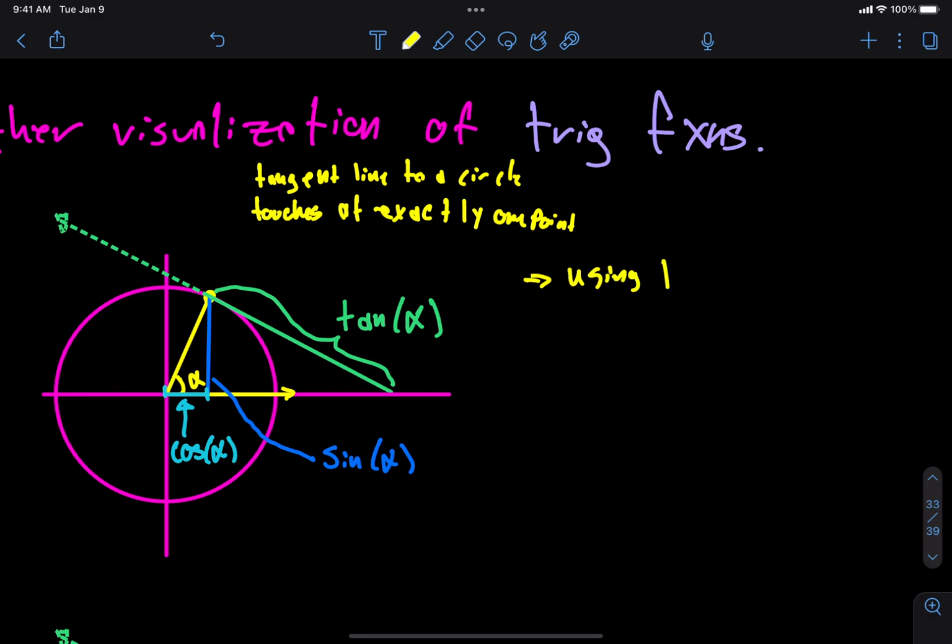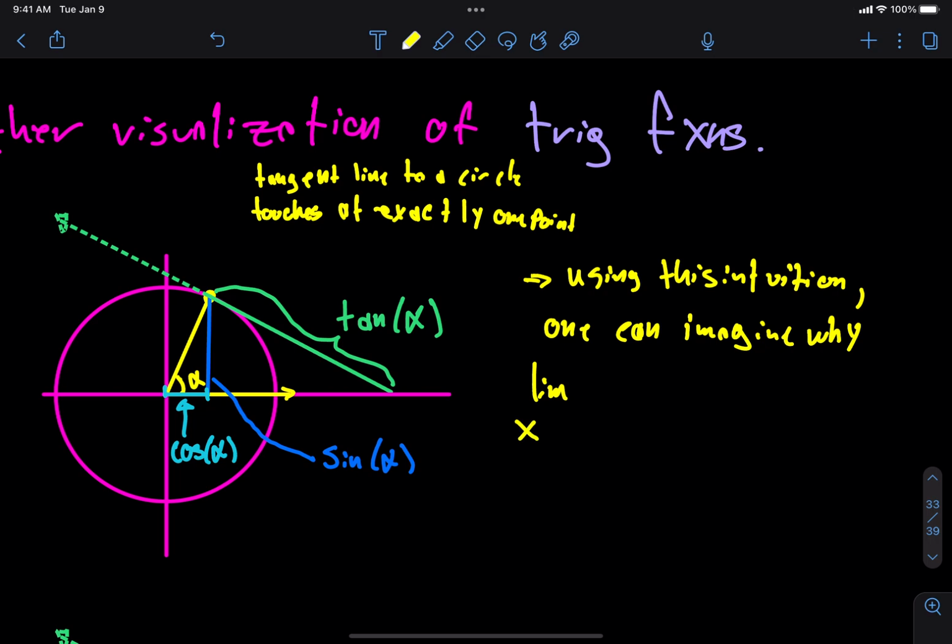Now, using this intuition, one can imagine why the limit as x approaches pi over 2 of tangent of x is equal to infinity.